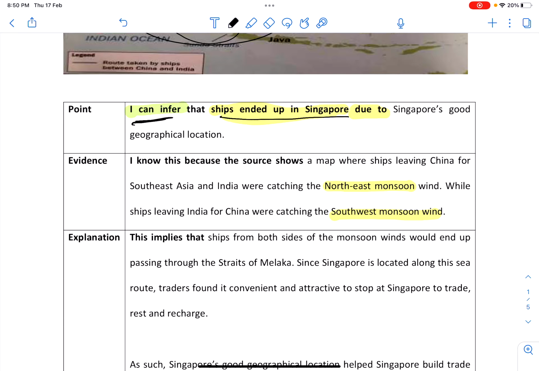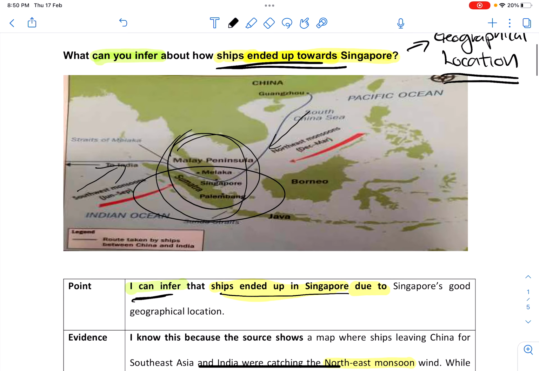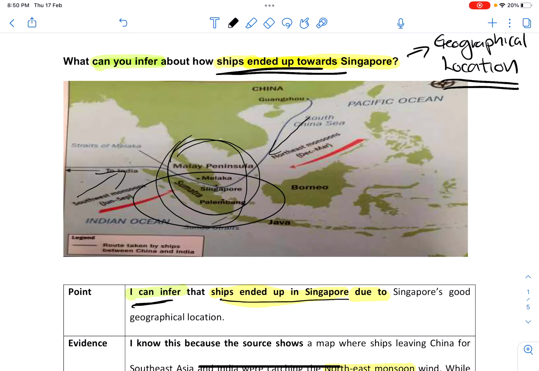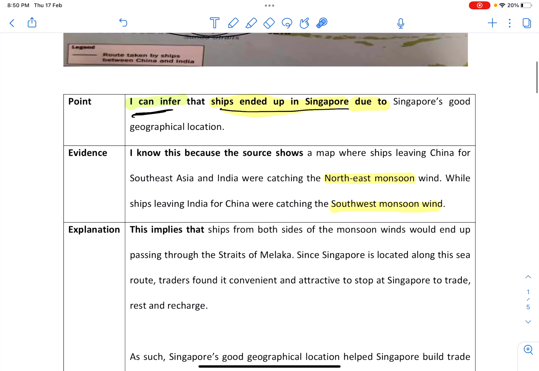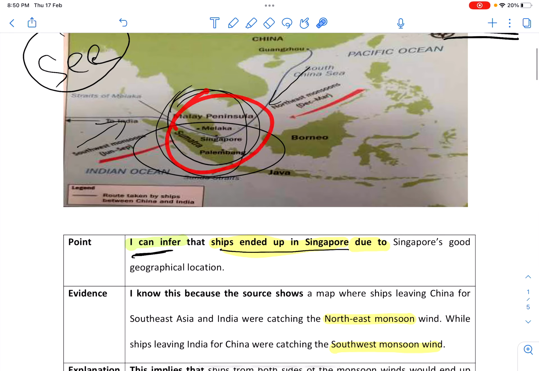What I'm doing here is I'm just describing what I see in the picture: ships moving using the southwest wind, and ships moving using the northeast monsoon winds, and Singapore being right smack in the middle.